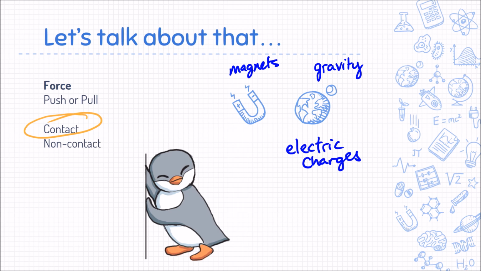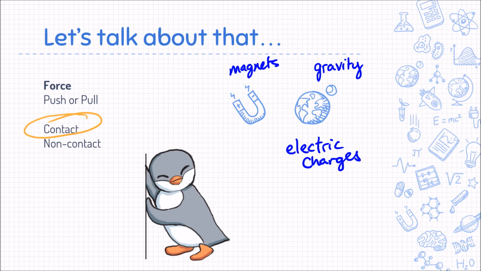And we talked about this a little bit with projectiles. When we throw something in the air, the only time we can influence that object is when it is physically touching our hand. The moment it leaves our hand, we cannot influence it anymore. We cannot cause it to accelerate.